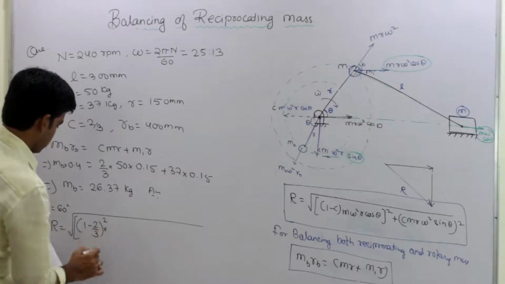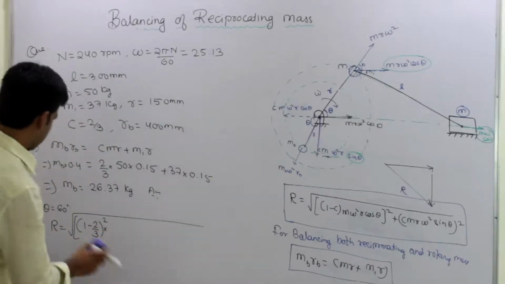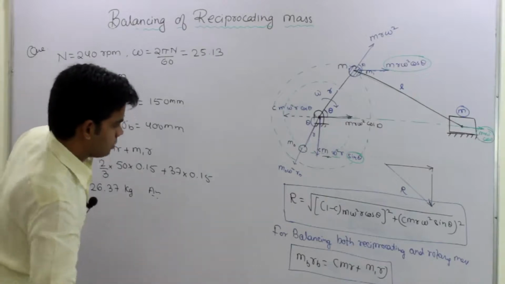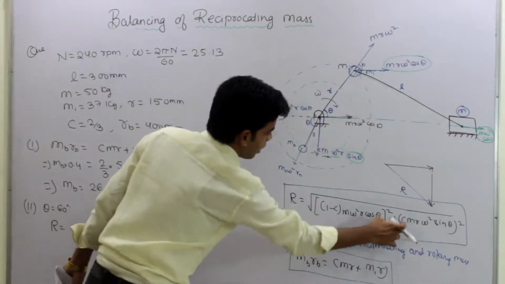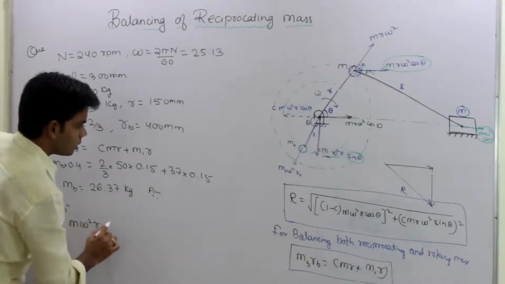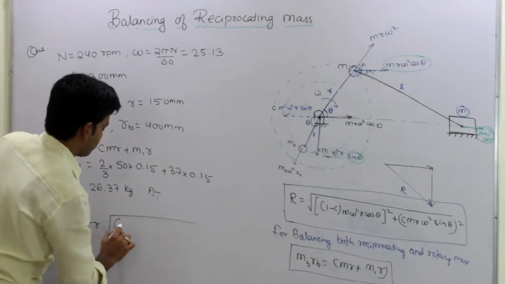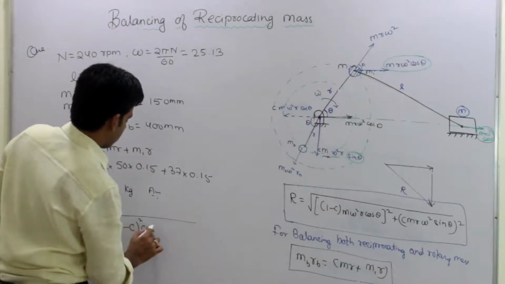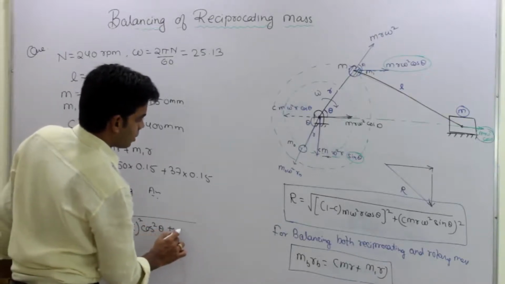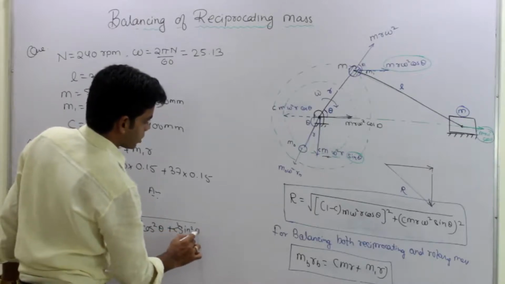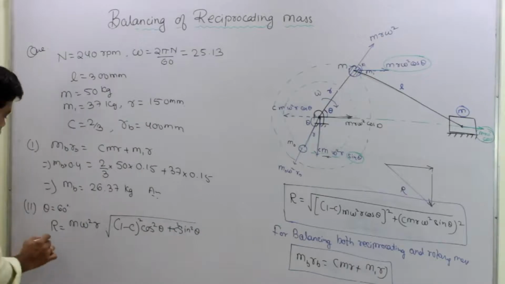So this will be equal to, we can put this m omega square r outside, so m omega square r into under root of 1 minus c square cos square theta plus c square into sin square theta. Getting this now? Okay, so just put the values.